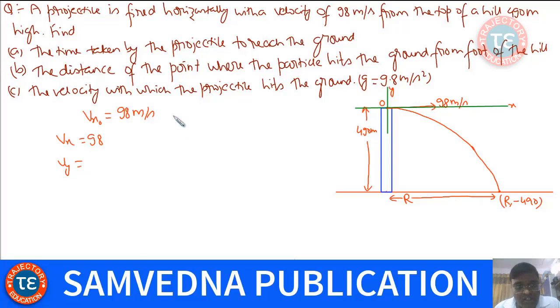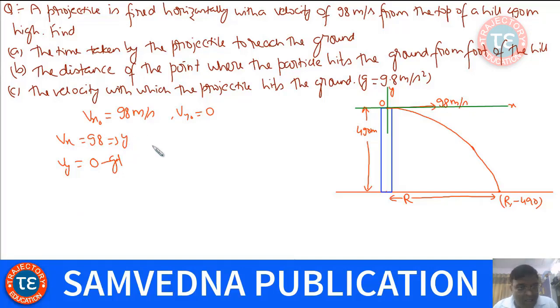But Vy will keep on changing. Initially your Vy naught is 0, so Vy is 0 minus gt. That's the velocity in the y direction.